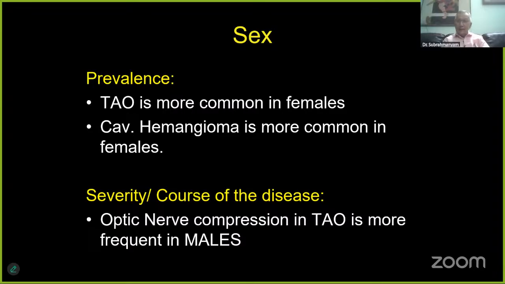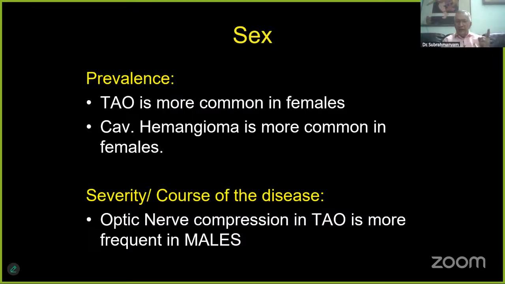And as I said, this is the most common cause of both unilateral as well as bilateral proptosis. Optic nerve compression in thyroid-associated orbitopathy is more frequent in males. So male gender is an important risk factor for the development of compressive optic neuropathy.